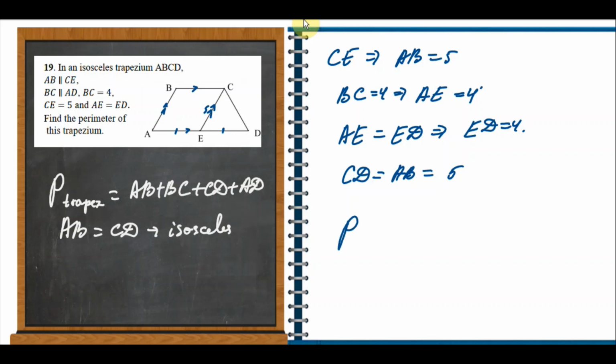Perimeter equals AB 5 plus BC. BC is 4, it was given. CD is 5, and AD. AD is basically the sum of AE and ED, right? So AE is 4, ED is 4, so it's going to be 8. So the correct answer will be 12 plus 10, 22. So the perimeter of the trapezium is 22.